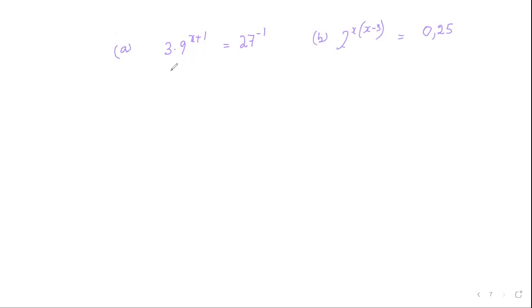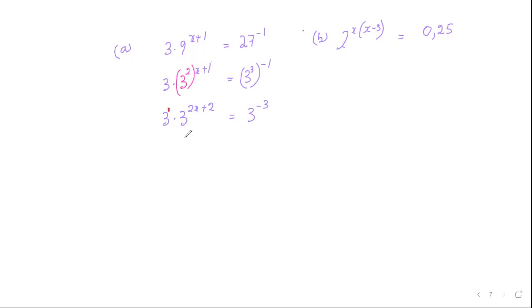Here, this is 3, 9. Everything as 3 squared into x plus 1. This is 3 cubed minus 1. This will become 3 into 3 2x plus 2. And that will equal 3 minus 3 there. Now you know that there's an exponent 1 here.